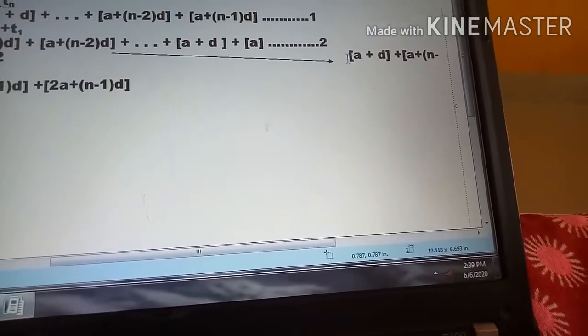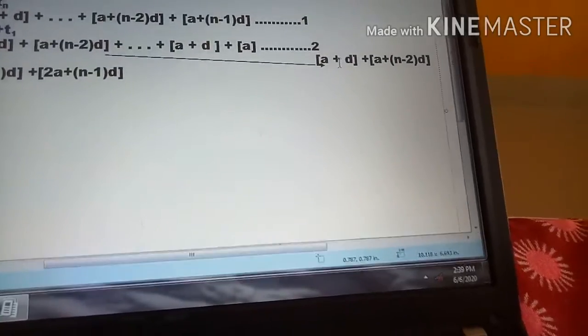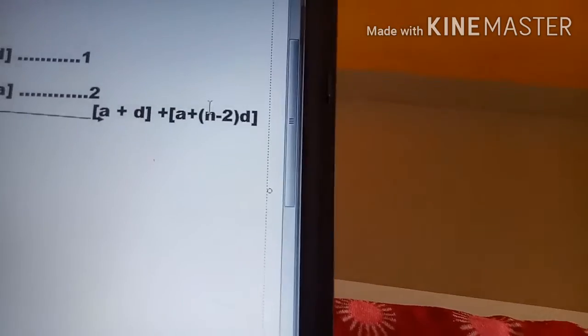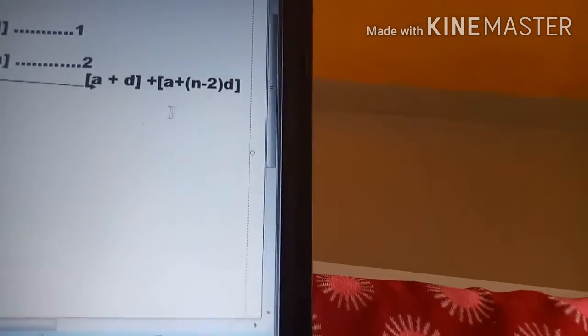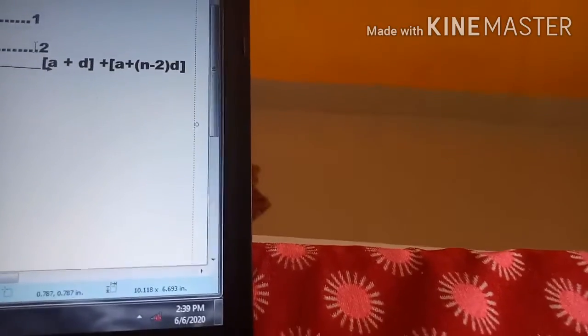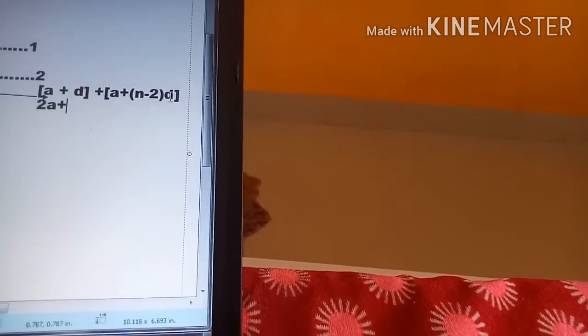See, addition. Now all signs are adding, so a plus a becomes 2a, plus d, and here t_n is n minus 2d, in a bracket, and multiply by d.